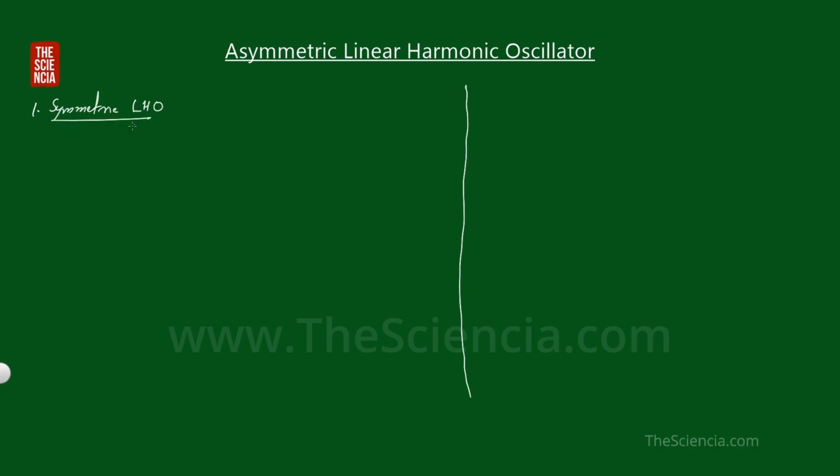What is the potential of a linear harmonic oscillator? That is V equal to half k x square, and this value is the same for both regions, that is x greater than 0 or x less than 0. The potential function looks like this.